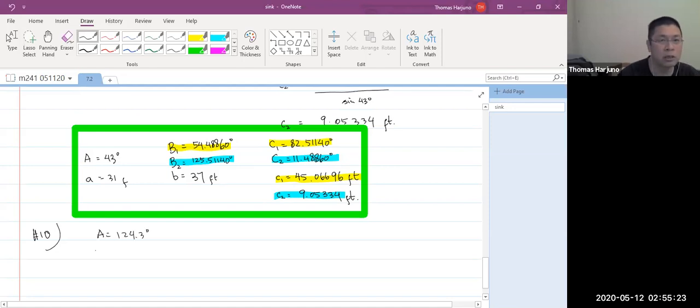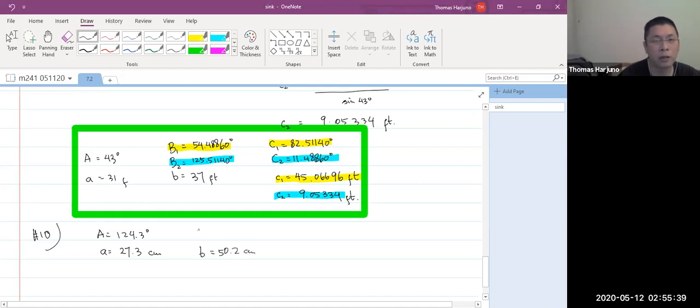124.3 degrees corresponds to side A, 27.3 centimeters, right? And then side B is 50.2 centimeters.